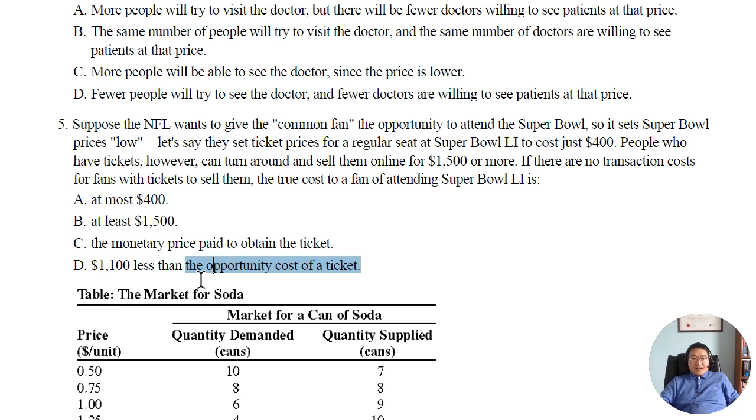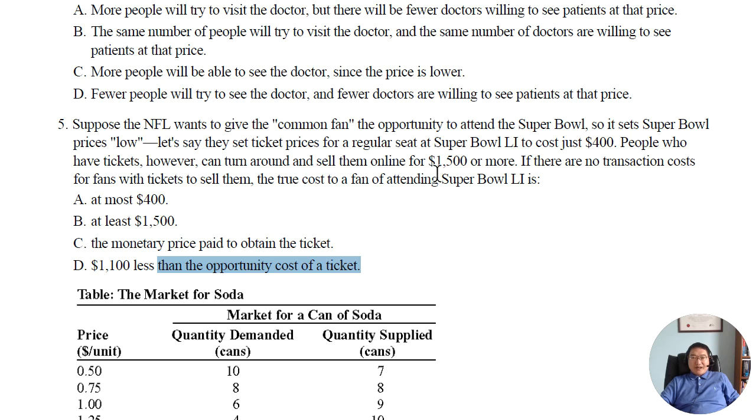But actually, let's assume somebody just bought this ticket at $400, and this guy is not very rich. He usually doesn't splurge on things like this, but he decided this is his chance to attend the Super Bowl. So he went to the Super Bowl and didn't sell this ticket at $1,500 or more. Then what happened to this guy?